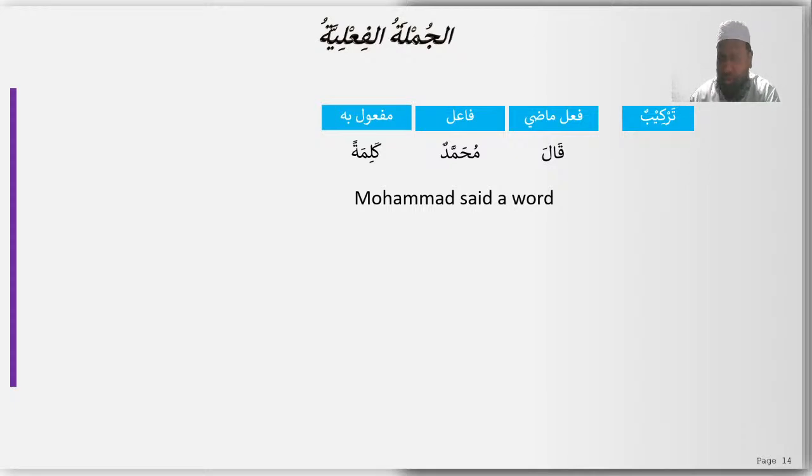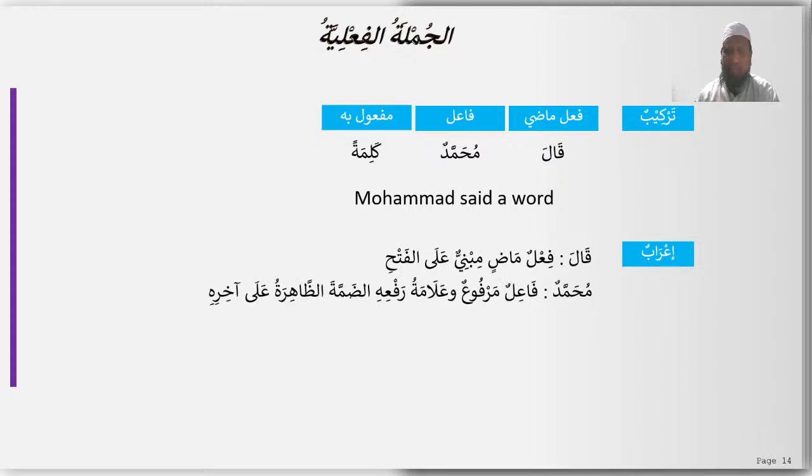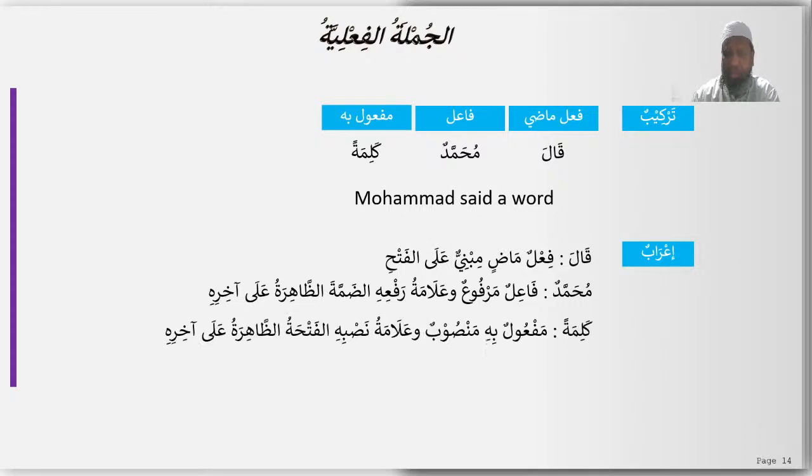The i'rab will be very simple, straightforward. We did this in the past. قال فعل ماض مبني على الفتح. محمد فاعل مرفوع وعلامة رفعه الضمة الظاهرة على آخره. كلمتان مفعول به منصوب وعلامة نصب الفتحة الظاهرة على آخره.